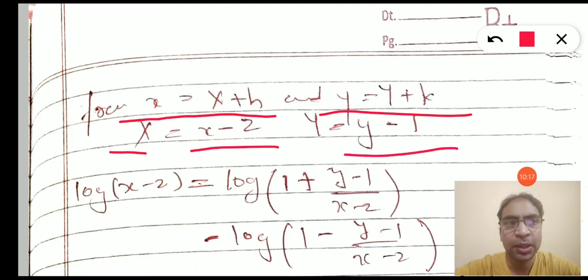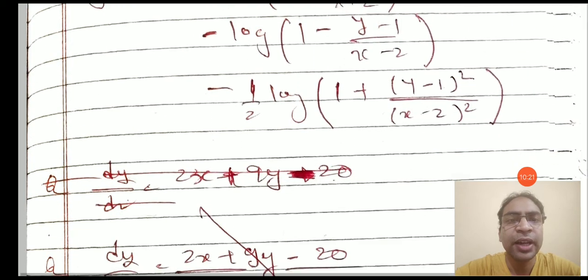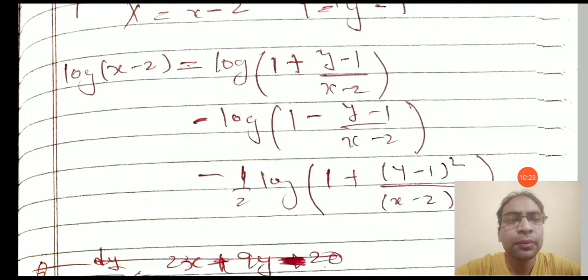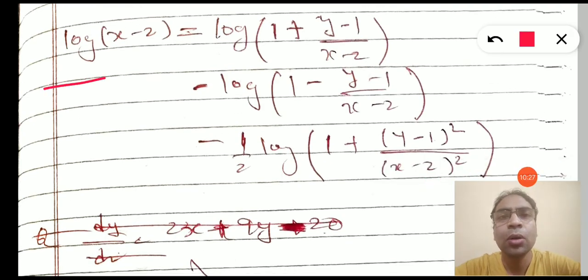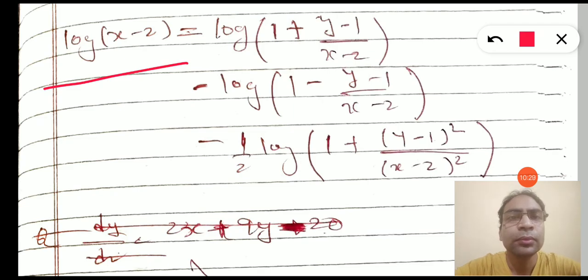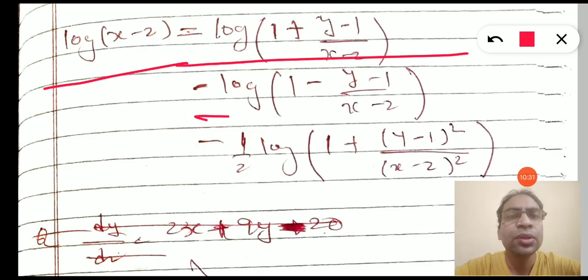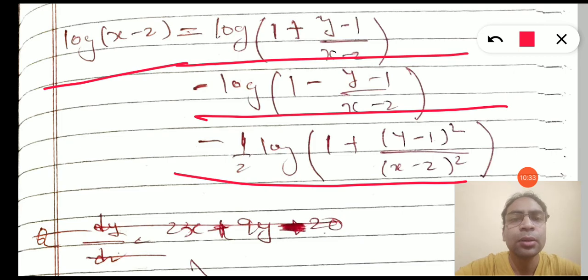So we will substitute these values back into the equation, and finally this will be the solution. So this is log of x minus 2 is equal to, so this complete will be the solution of the given equation.